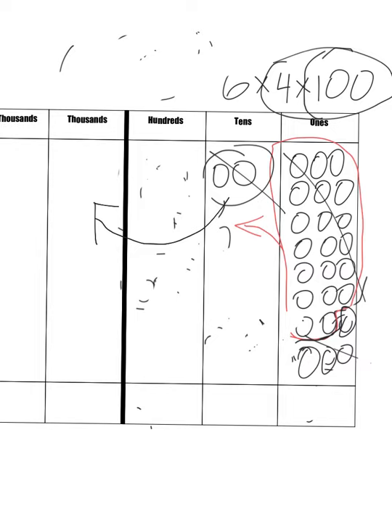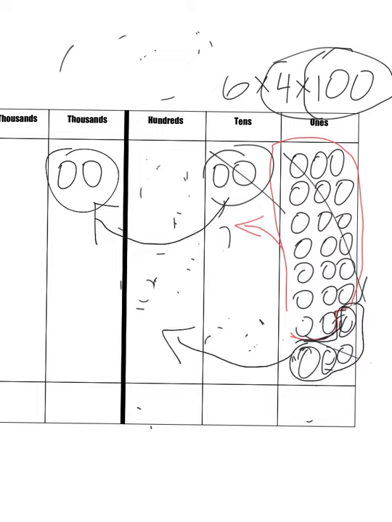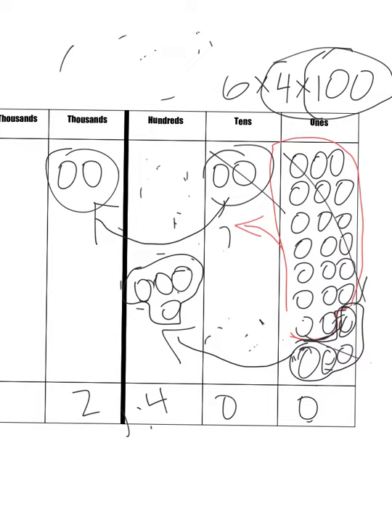We're going to move them over 2 spaces in order to multiply by 1,000. And we're going to do the same thing with these 4 ones right here. We're going to move them all the way over to the hundreds place right away. And that's the same as multiplying by 100. So that's still going to give us our 2,400. And that is our final answer.